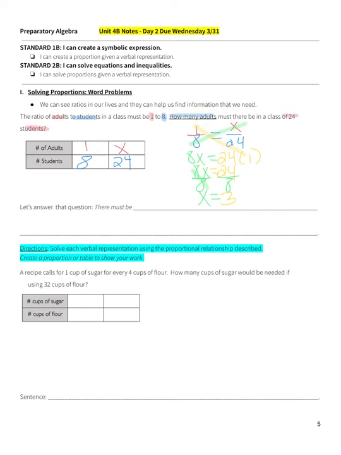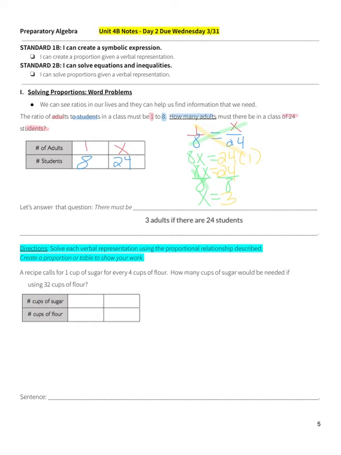Well, it means that there must be 3 adults if there are 24 students. Okay? So please make sure that you go ahead and write this in your notes, and we are going to move on to the next problem. So pause, record, and then let's keep going.